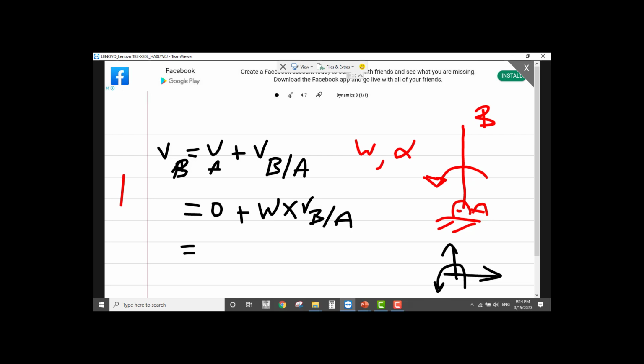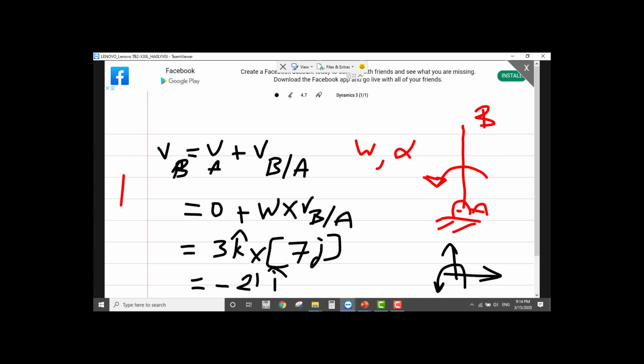So omega given, which is 3 rad per second, is 3 in the positive k direction, cross product 7 in the positive j direction. And the answer is minus 3 multiplied by 7, this is 21 in the i direction.